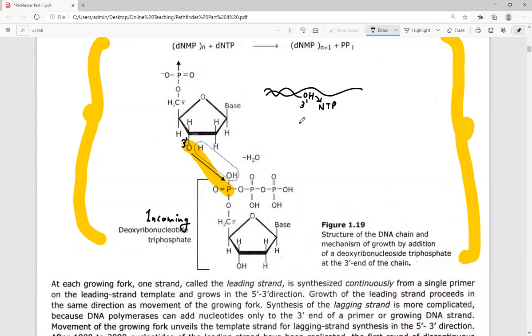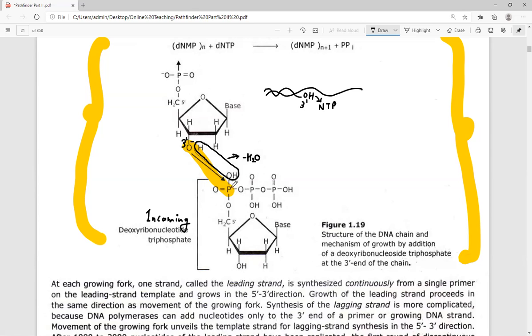Once the nucleotide triphosphate has been attacked, water is eliminated. You can see here that H and OH combine together and are released in the form of a water molecule, minus H2O. Then an oxyanion, an O negative ion, is produced.